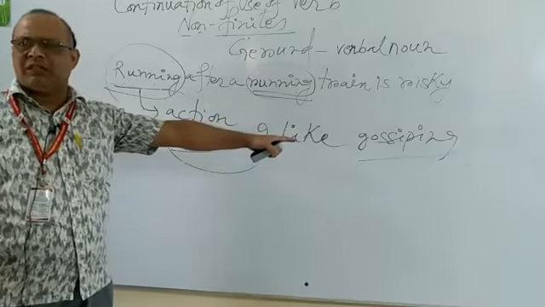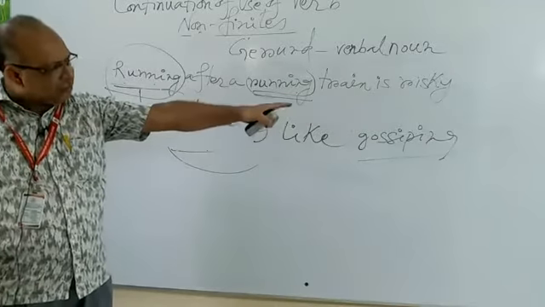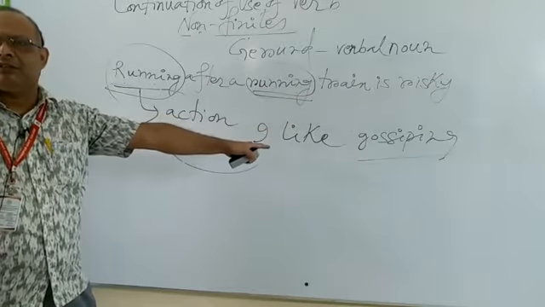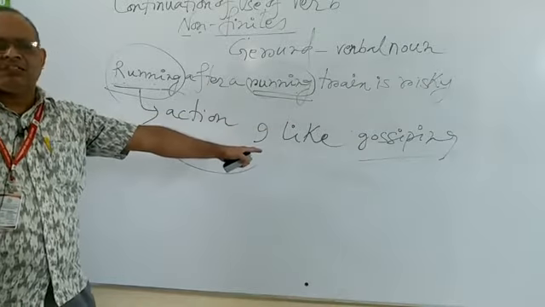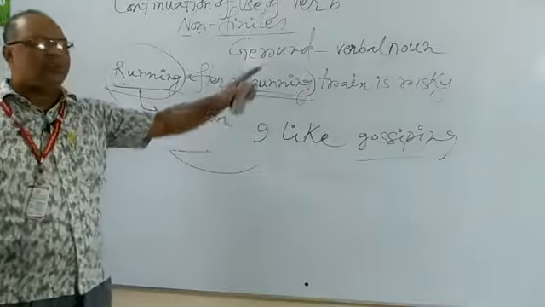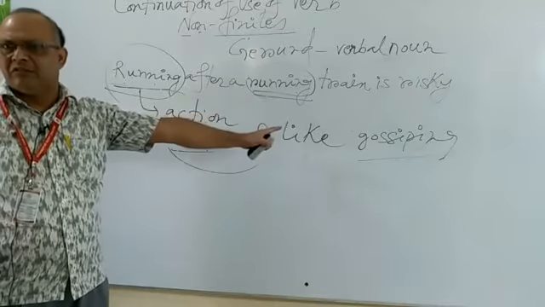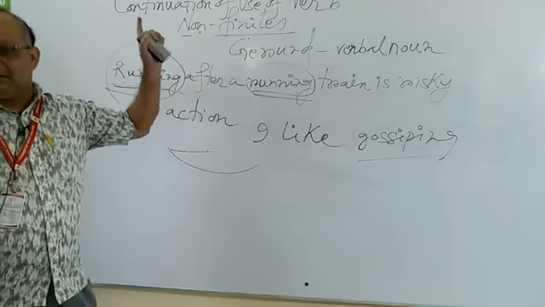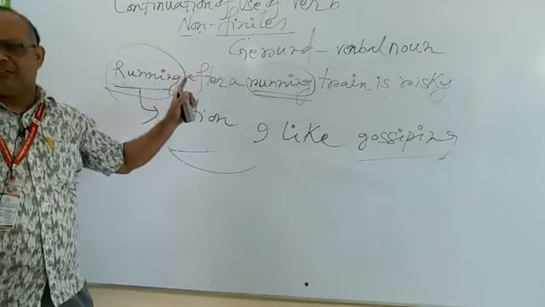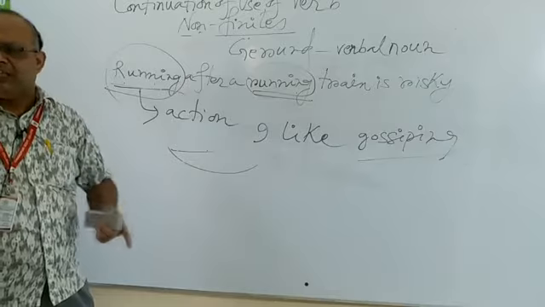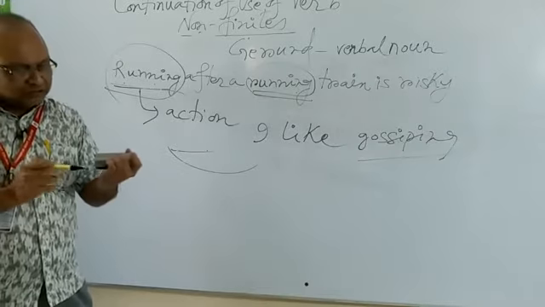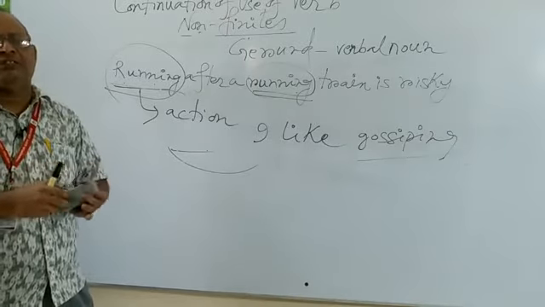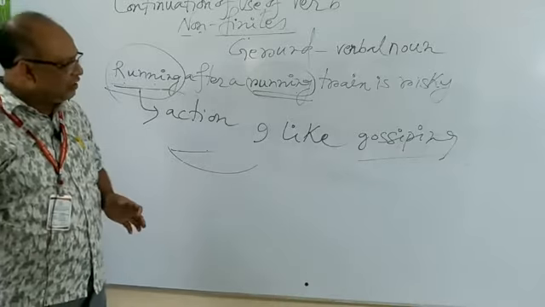The form is ing with verb. But what information does it give you? It gives you the information: what do you like? That is a noun. So the gerund is a kind of non-finite which is formed with ing with the verb but functions as a noun. That's why it is also called verbal noun.